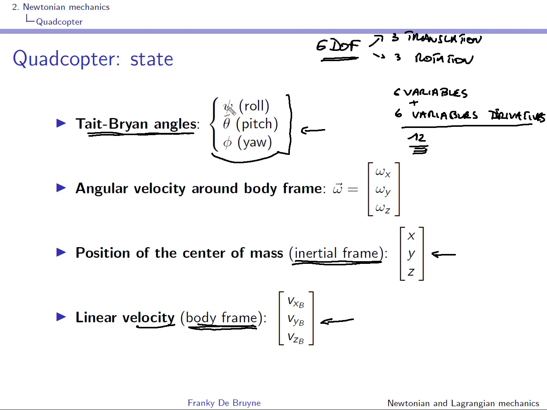We could use the derivatives of the angles, but what we'll do is work with the angular velocity in the body frame. Remember that this is the angular velocity vector and it has 3 components, right? So these will be my 12 variables for the state of my quadcopter model.